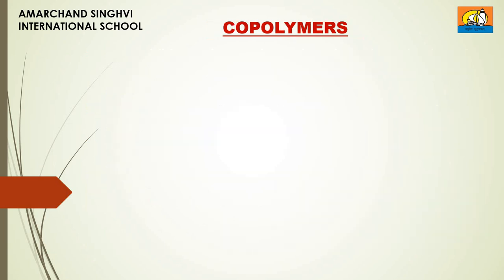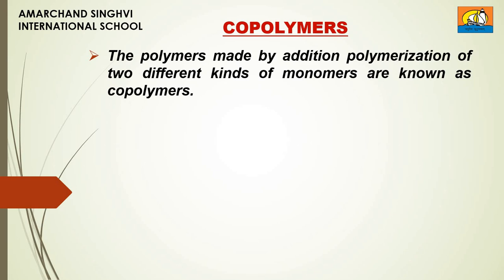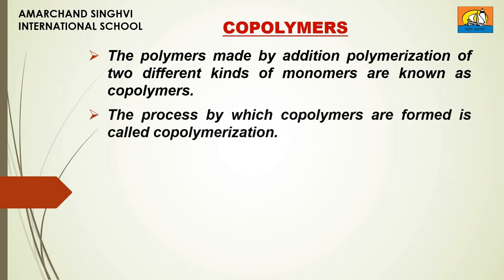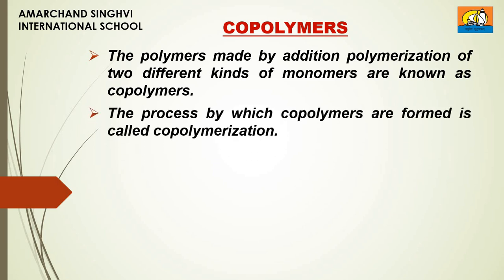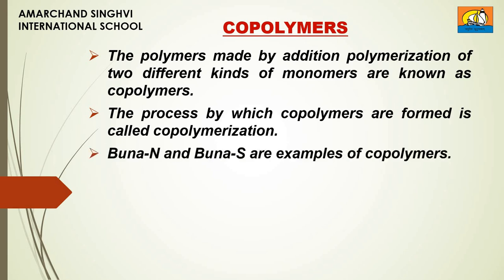Let's come to copolymers. The polymers made by addition polymerization of two different kinds of monomers are known as copolymers. So, copolymers may have two or more than two different monomers, but homopolymers have just one monomer. The process by which copolymers are formed is called copolymerization.